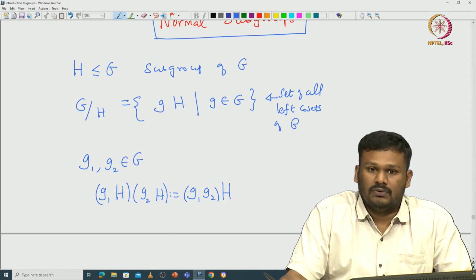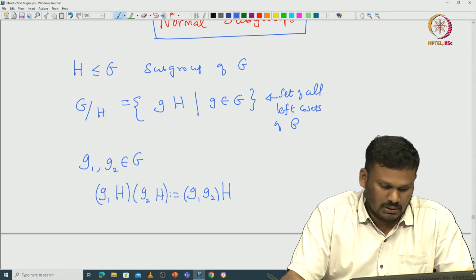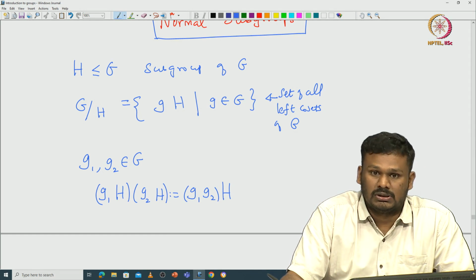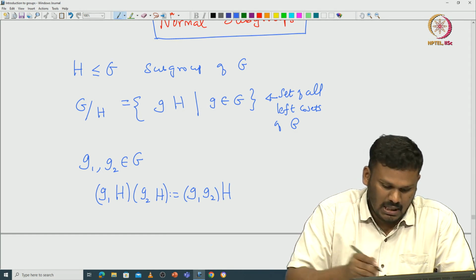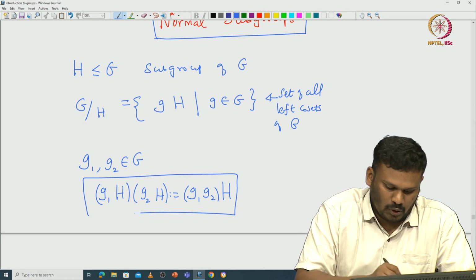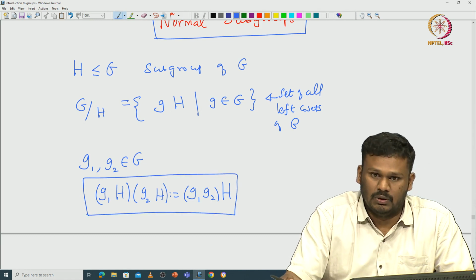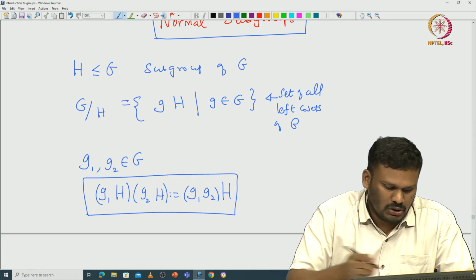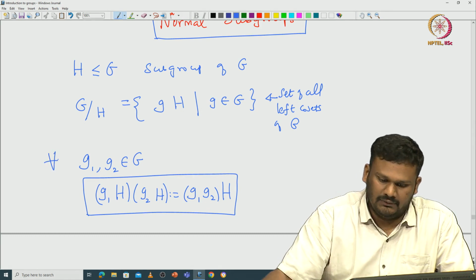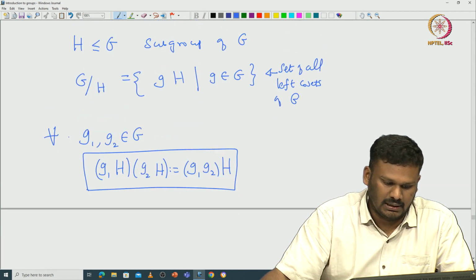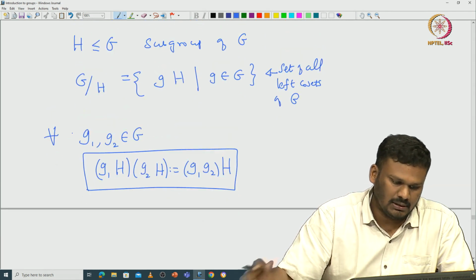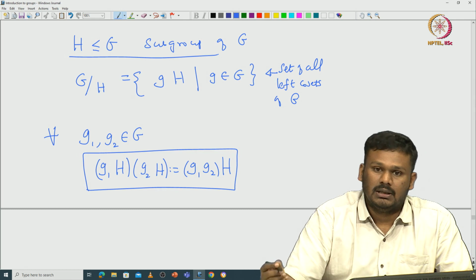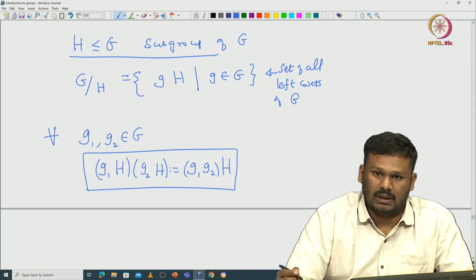So, we want this set of all left cosets to have group structure with respect to this product. That was our motivation. We saw many examples for which this happens, but we also saw when it can naturally happen. So, for which subgroups this can happen, that is what we want to address.